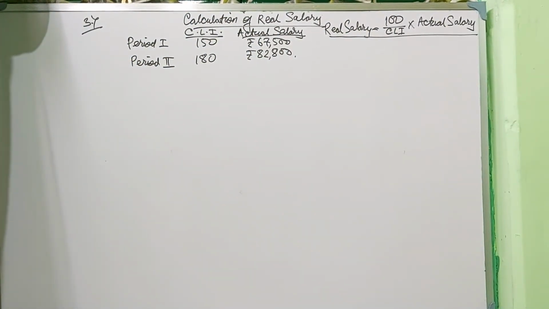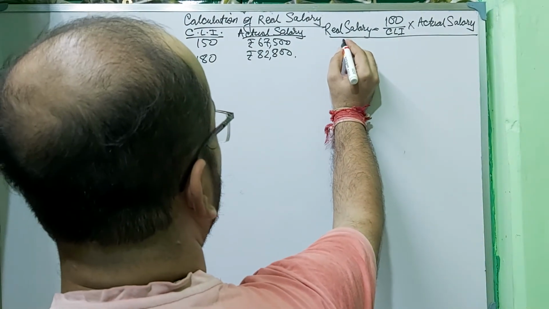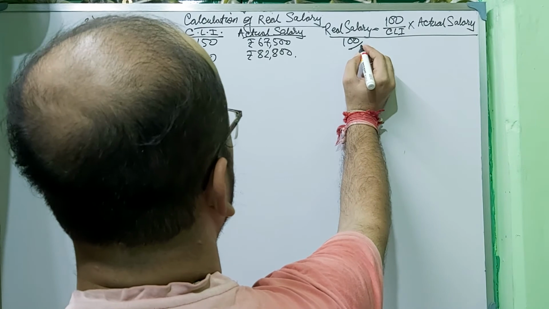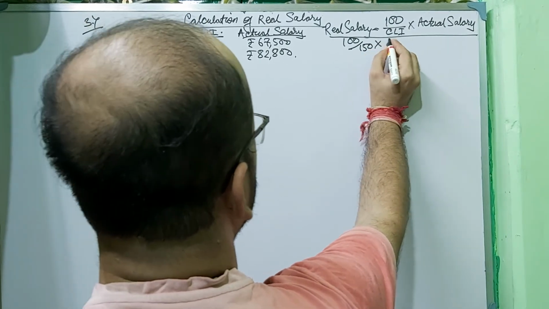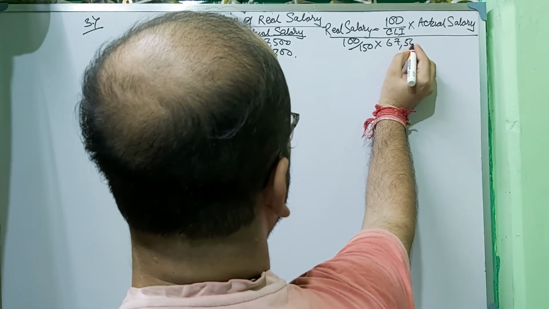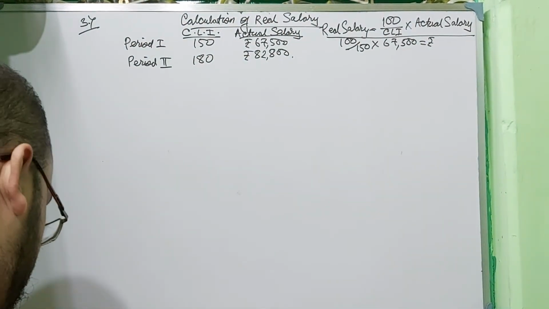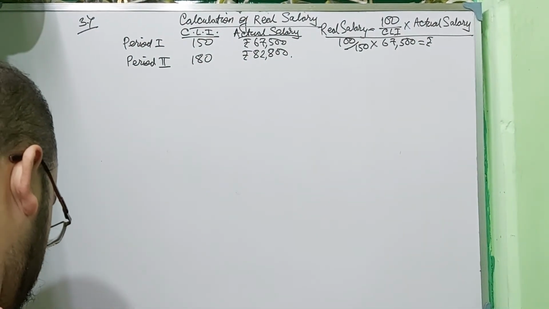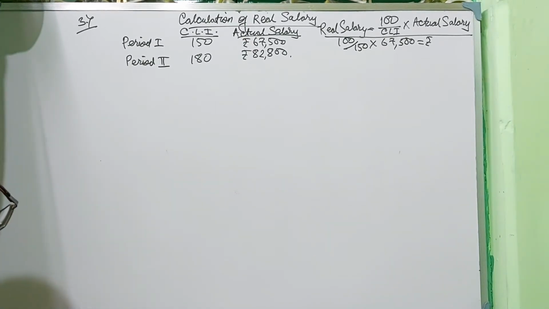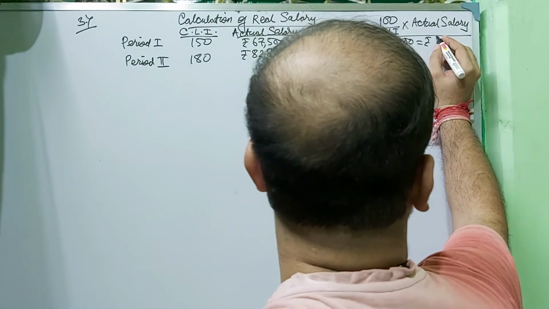That is the real salary. Okay. So over here 100 by CLI 150 into 67,500. The real salary will be, wait for it, 100 into 67,500 divided by 150. It is 45,000, right?